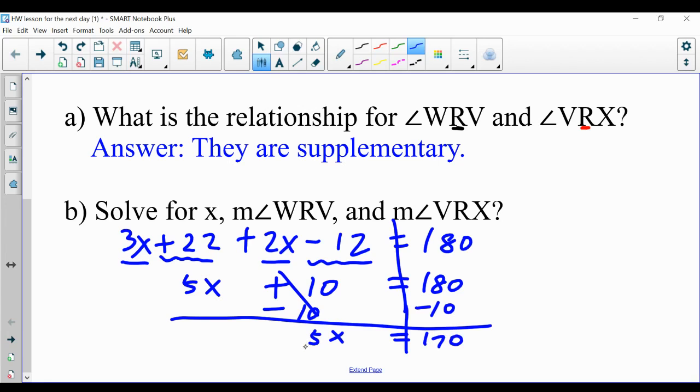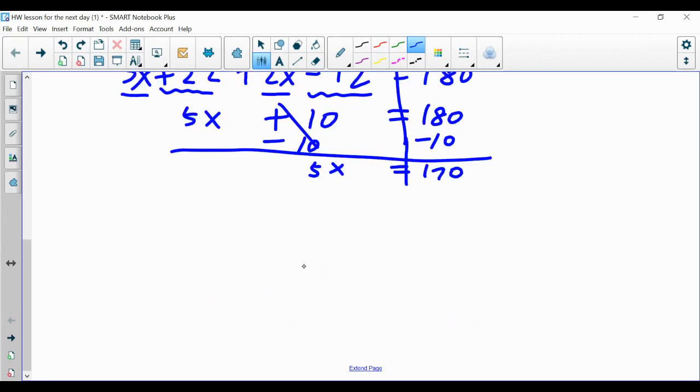And then both sides divide by 5, because 5 and x, there's nothing between them, means multiplication. To undo multiplication, that's doing division. 5 divided by 5 is 1. So 1 times x is still x, equal to, okay, let me use the calculator. I got 34. So here's the answer.